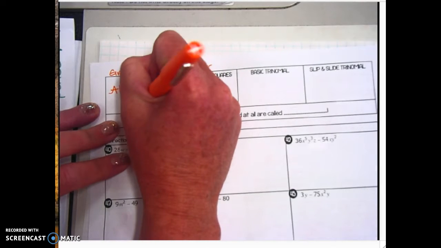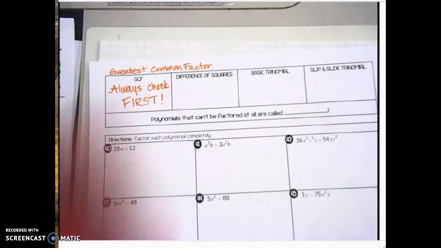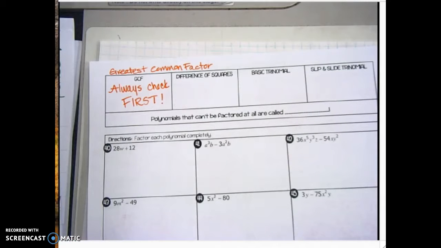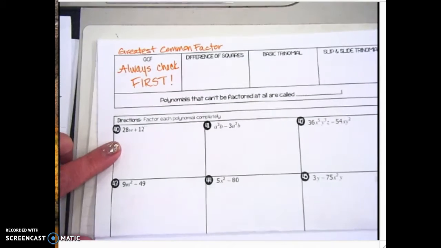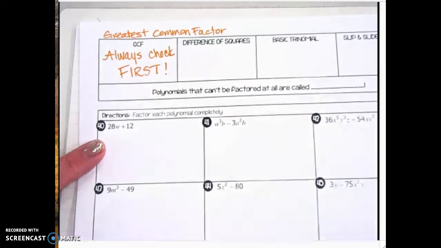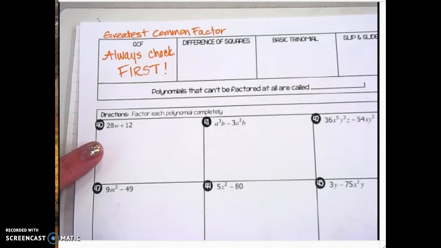It's the very first thing you do. Whether you have 2 terms, 3 terms, 28 terms, how many ever terms, you always want to look for the GCF first.